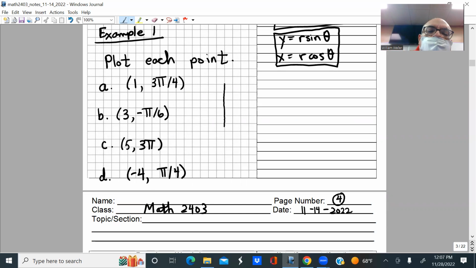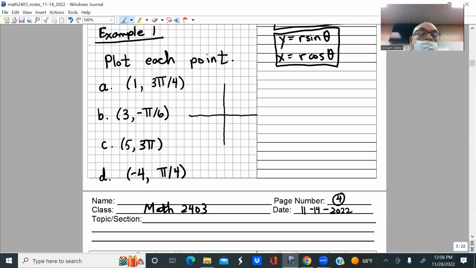Let me draw some axes here so that we can try converting these. So where would the point 1 and 3 pi over 4 be located?